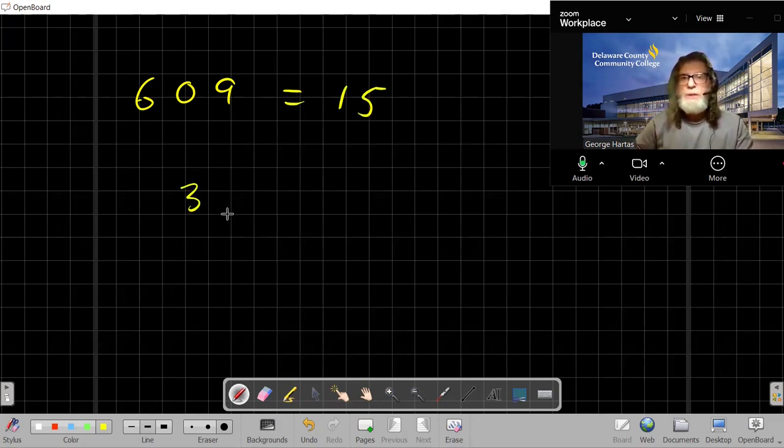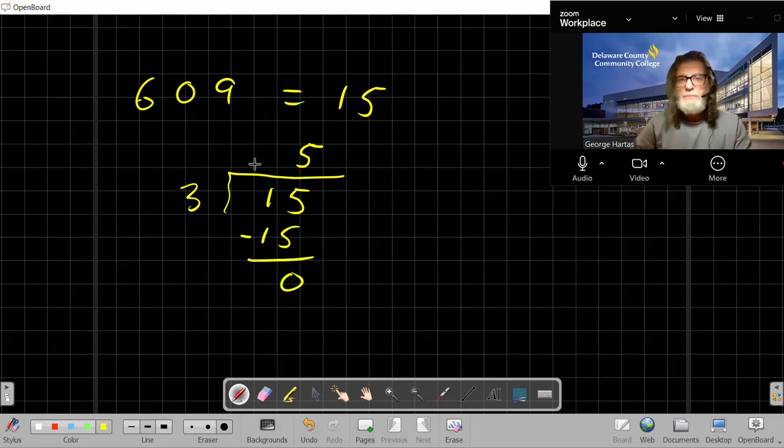Does 3 divide evenly into 15? And the answer is it does, because 3 times 5 is 15. So if 3 divides into the sum of the digits, then 3 automatically divides evenly into 609.